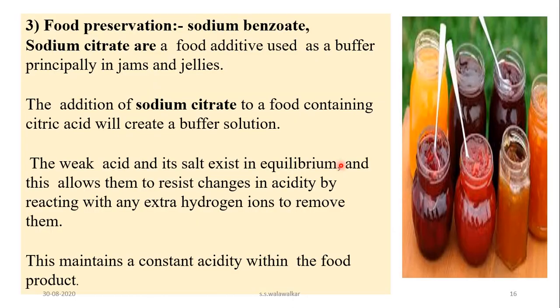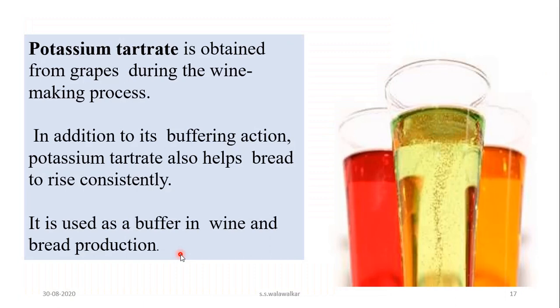Also in food preservation, sodium benzoate and sodium citrate are food additives used as a buffer, generally in jam and jellies. The addition of sodium citrate to food containing citric acid will create a buffer solution. So to maintain the constant acidity within the food product, pH control is essential.